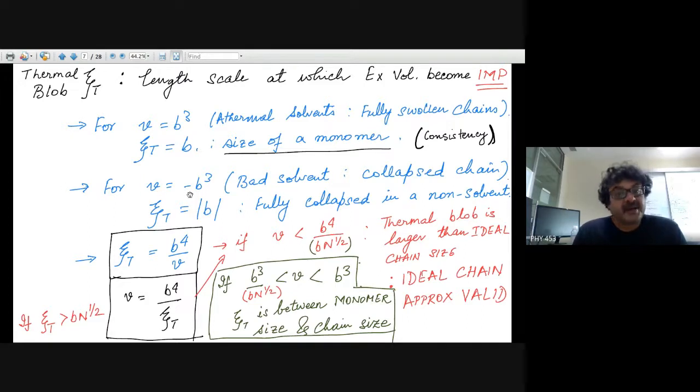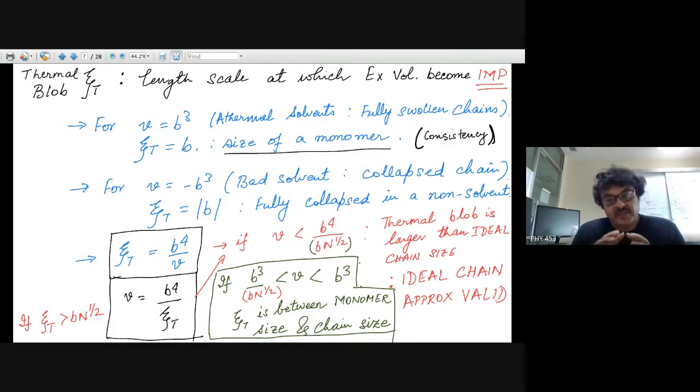When v equal to minus b cube, which is basically a bad solvent, and you have a collapsed chain, right, then you get v equal to minus b cube. Again, the thermal blob size is that of a monomer. It's the size of the bond length or the monomer diameter, if you like, and it's a fully collapsed chain.